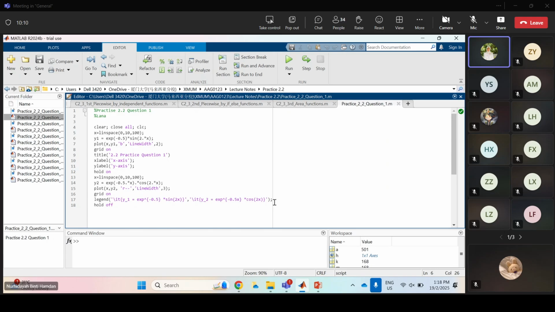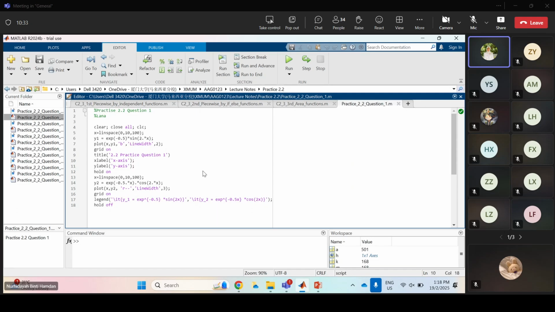Because it's an array, right, because we have 100 values. So plot x, y1. We do one by one. Then we use a blue line with width 2. Then we click on title. I put 2.2 practice question 1.